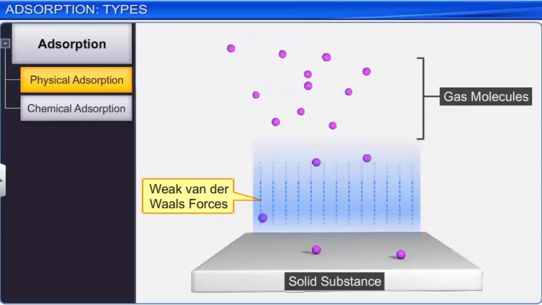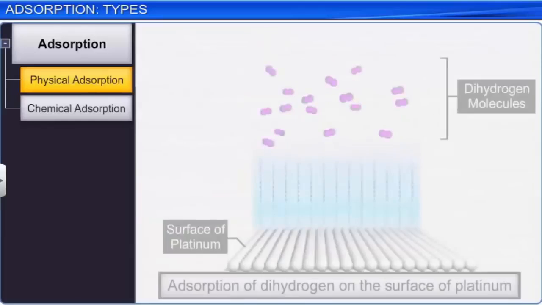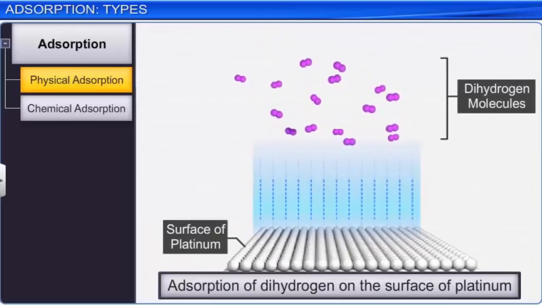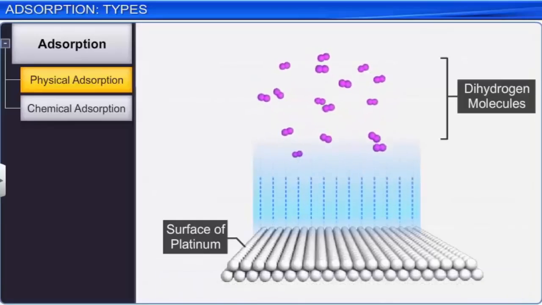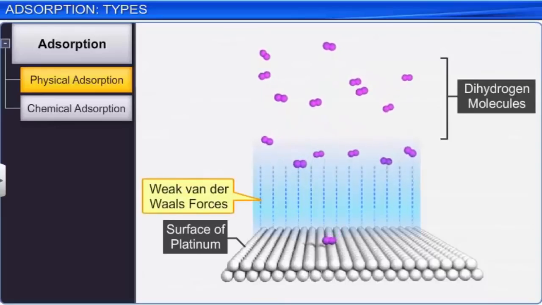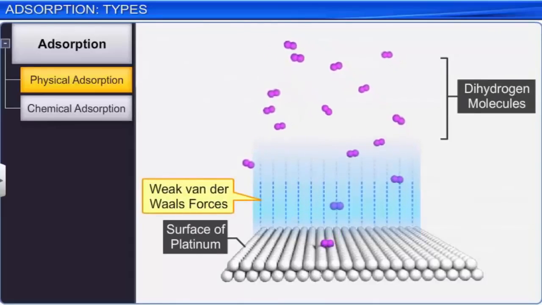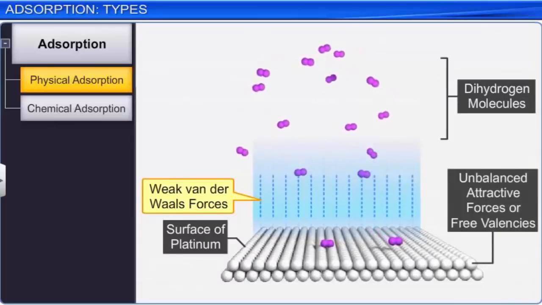Let's look at an example. In the adsorption of dihydrogen on the surface of finely divided platinum, hydrogen molecules are first attracted towards the surface of platinum by weak van der Waals forces, and then adsorbed due to the presence of unbalanced attractive forces or free valencies on the metal surface.